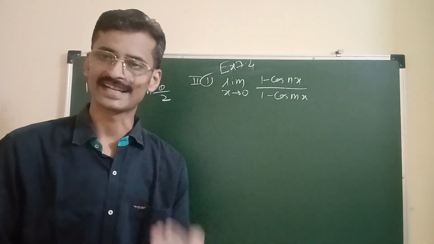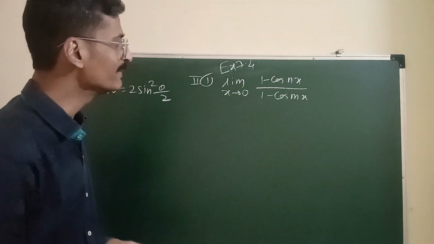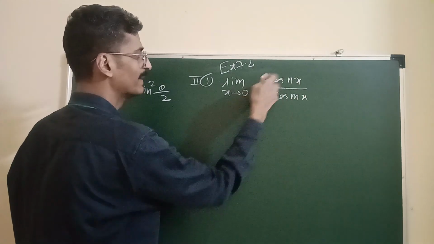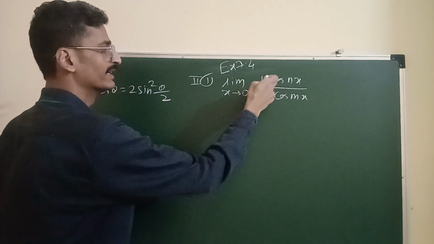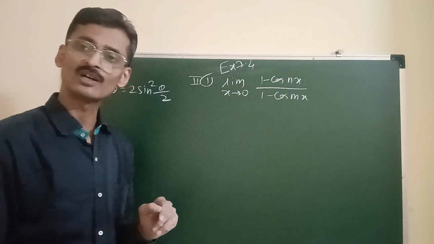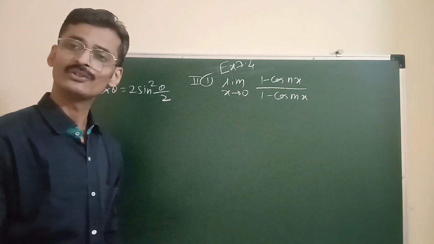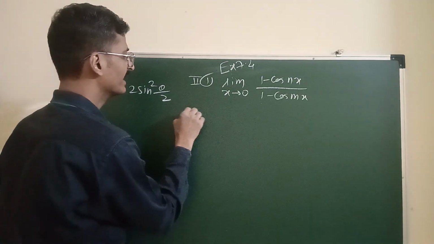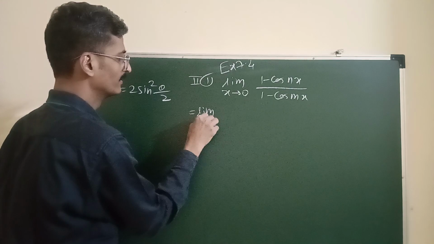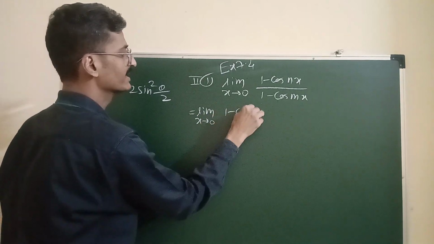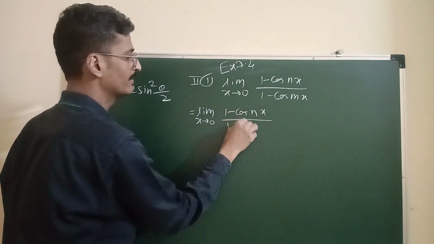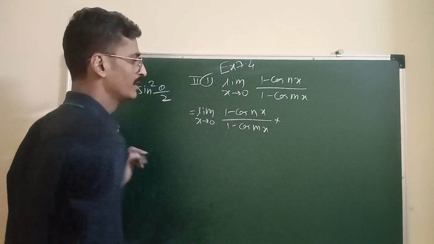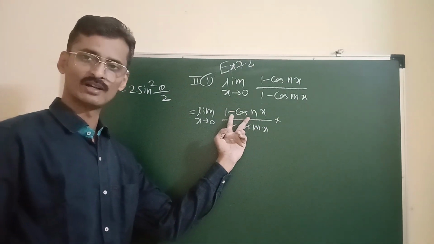But now let us see the second method. By the second method, multiply and divide by 1 plus cos. Here 1 minus cos is given and here also 1 minus cos is given, so for both use that method. So limit x tends to 0, (1 minus cos nx) upon (1 minus cos mx). First multiply and divide for this part.